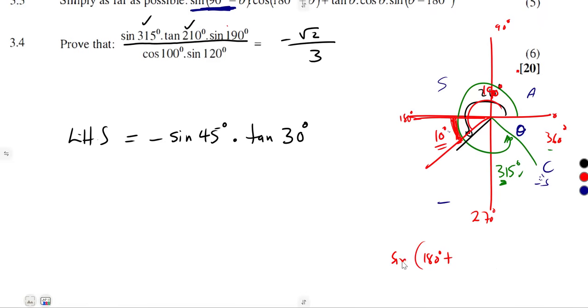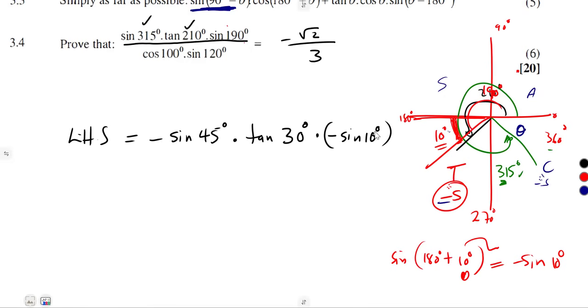So it was supposed to be sine of 180 plus 10 to get that 190. So sine, guys, in this quadrant, it is the quadrant for a tan. So sine is what? Negative. So that's negative sine of theta, which is 10 degrees. Negative sine 10. Just like that.